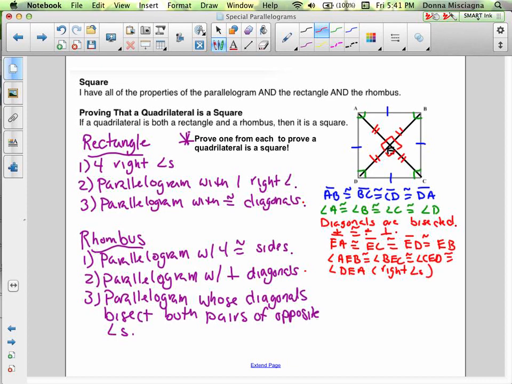Right? And if you notice, not only that, we have one other thing I can mark in here.